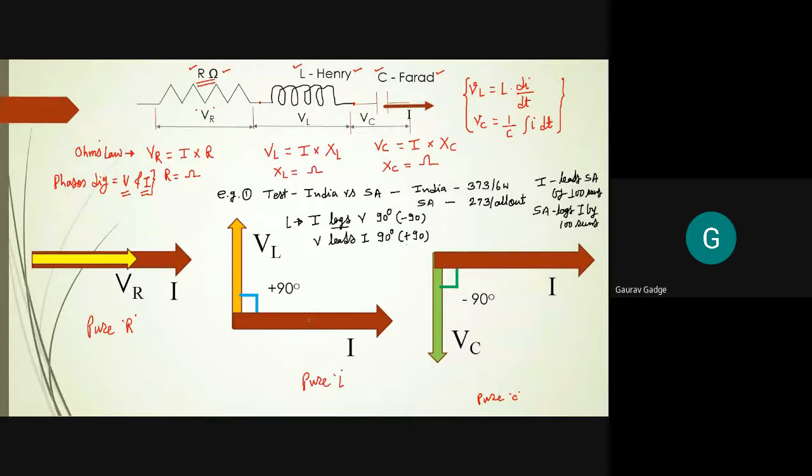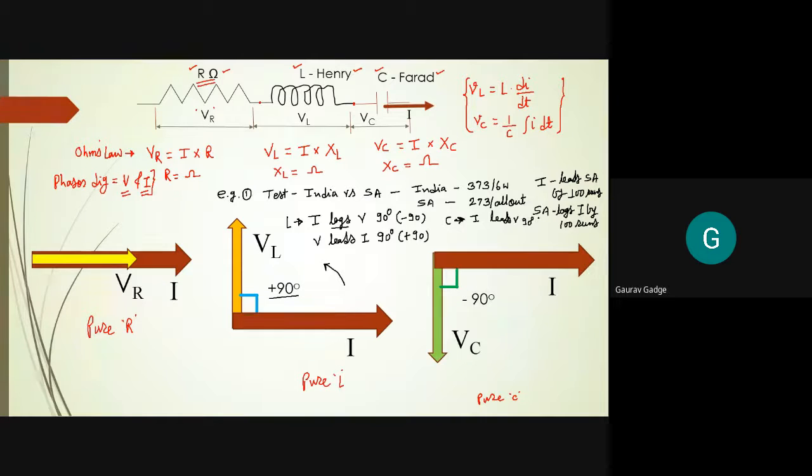Now in this phasor diagram for pure inductor, VL leads current. When it is leading, you have to show it by plus 90. In the same way, for a capacitor, we say current leads voltage by 90 degrees.